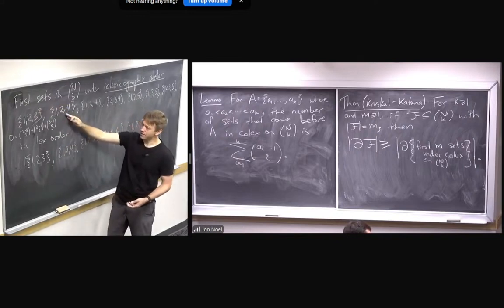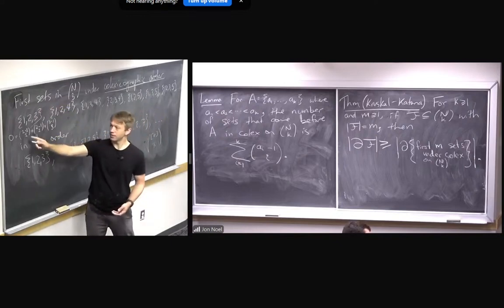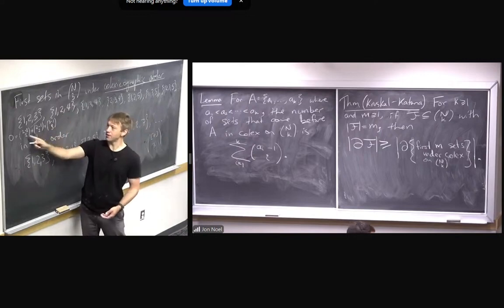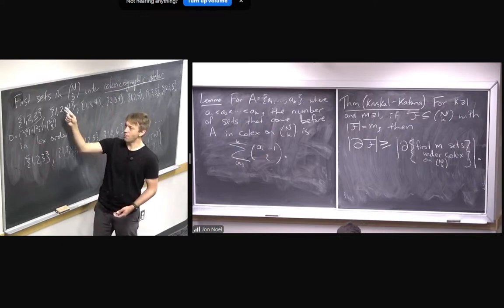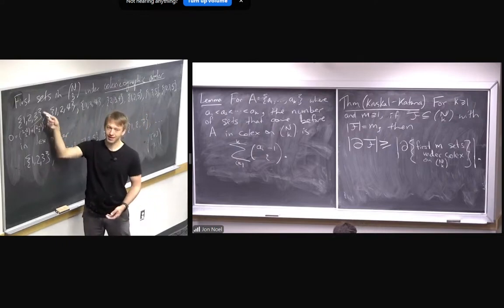This next one, these two numbers are the same, so these are both 0 still, and that'll be 3 choose 3, which is 1, saying that there's one thing before this in colex. It's that set.